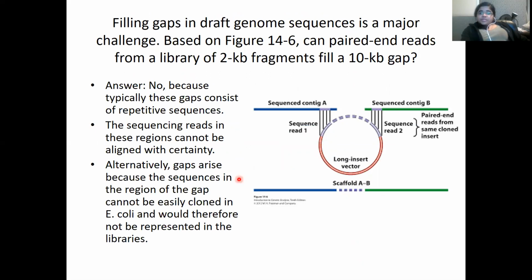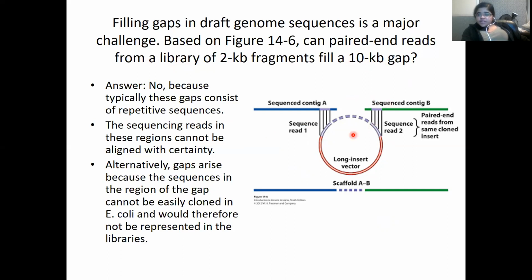Okay. So filling in the gaps in draft genome sequences is a major challenge. Based on figure 14.6 in the textbook, can paired end reads from a library of 2 kb fragments fill a 10 kb gap?